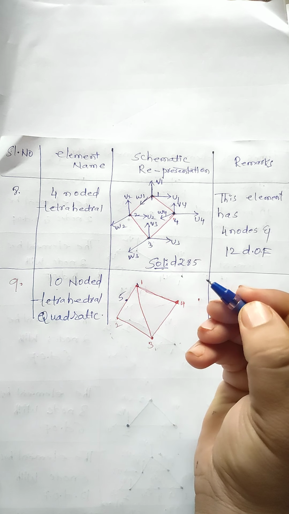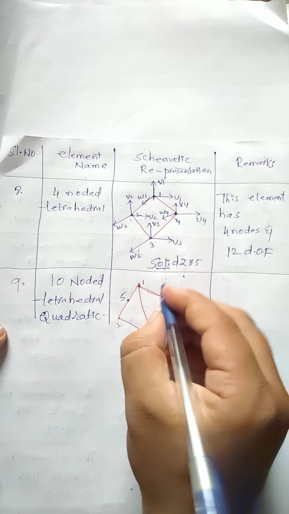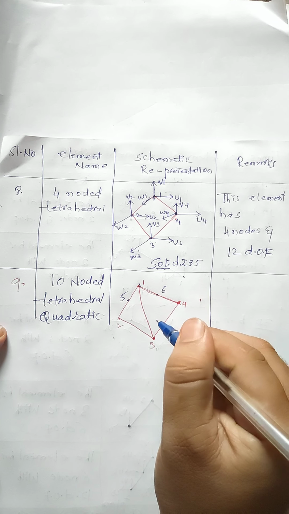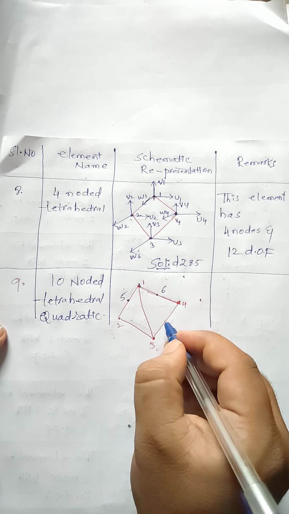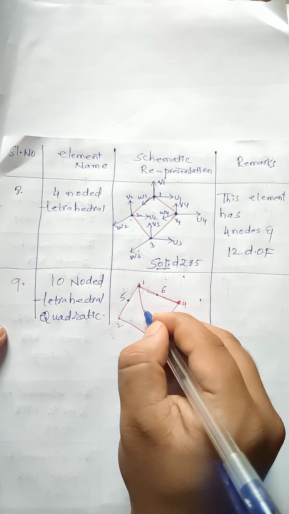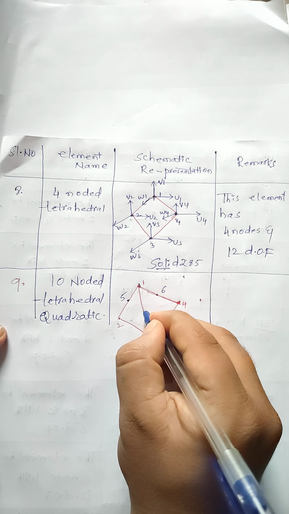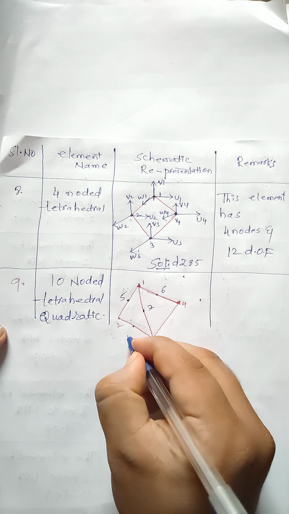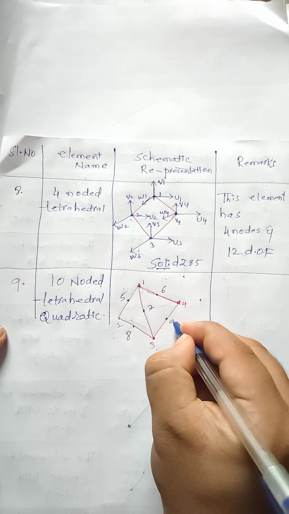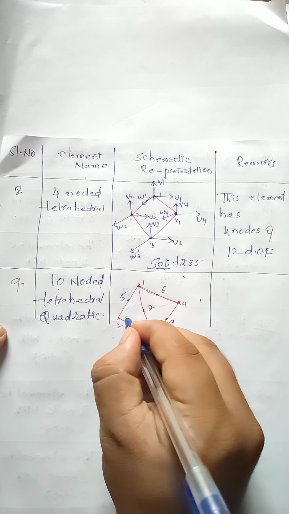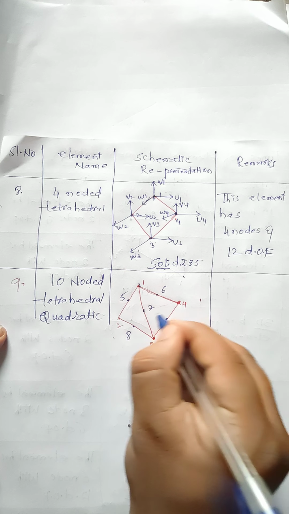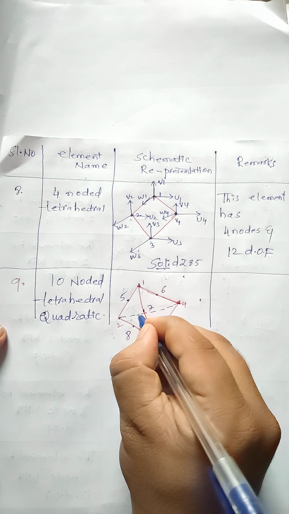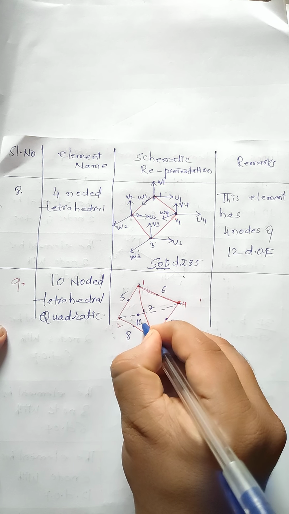This node we can say is node 5, and between 1 and 4, one more node is there, this is node 6. This one we can say is node 7, the point between 1 to 3. This one we can say is node 8, and this one node 9. Between joining from 2 to 4, one more node lies, this one we can say is node 10.